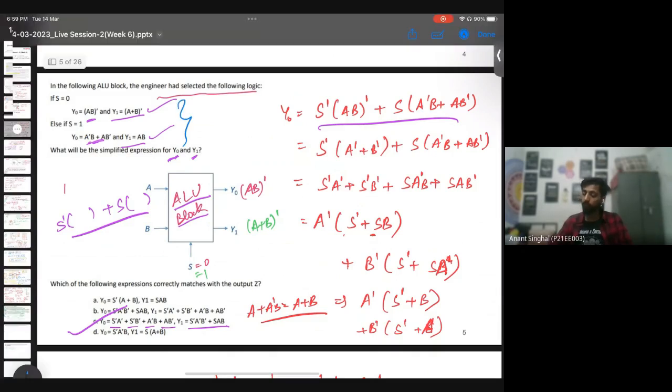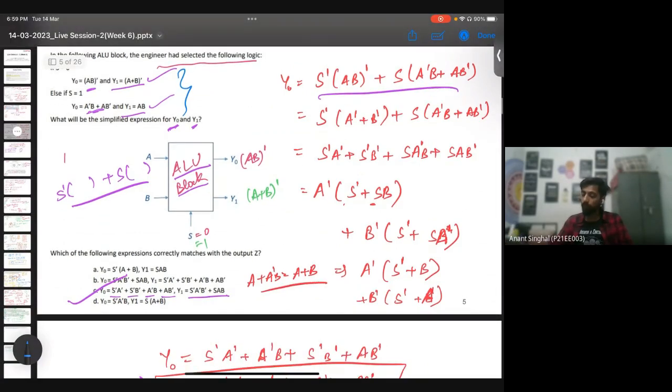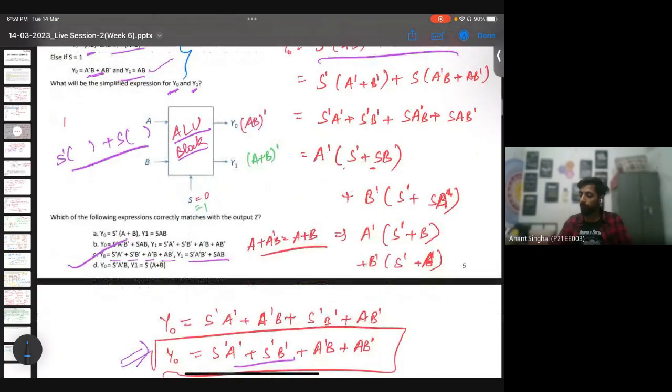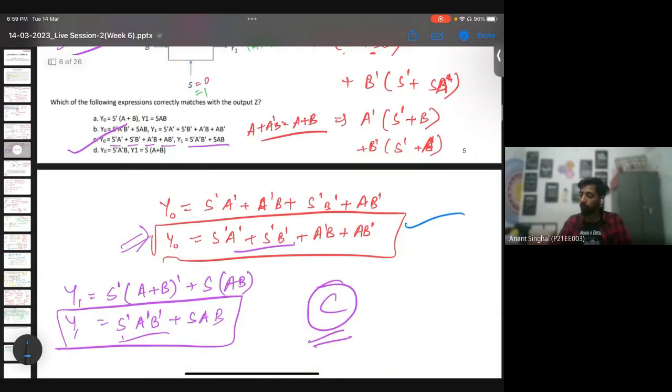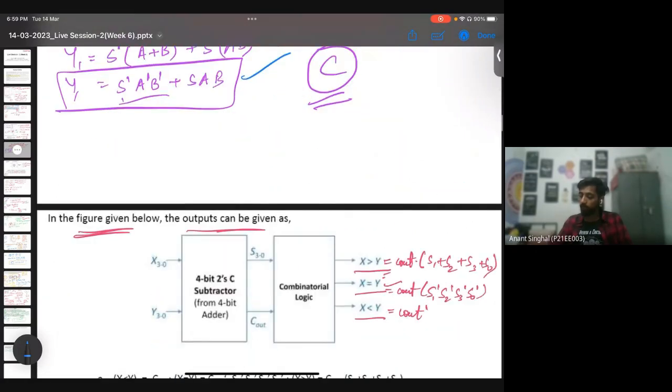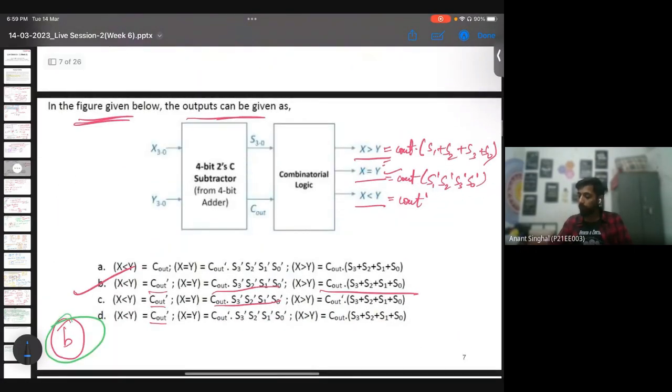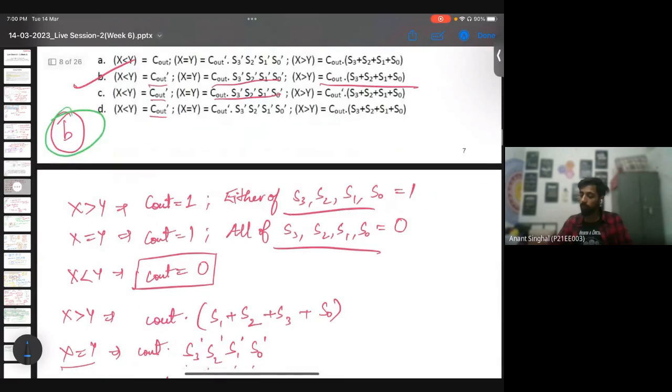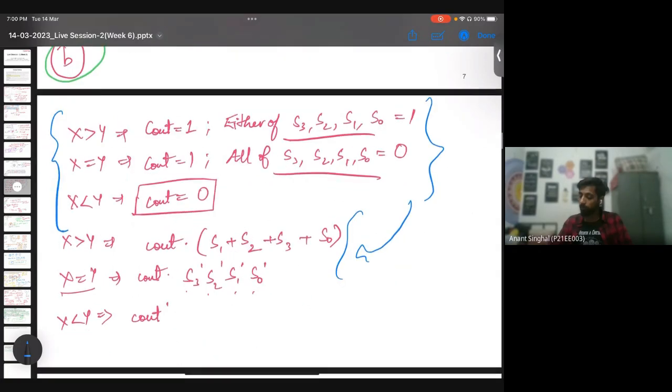We found the expression for y0 and y1, which was option C. Then we covered a combinational circuit and checked the conditions for x greater than y, less than y, and equal to y, and from these three conditions we made out a certain logic, which was option B.